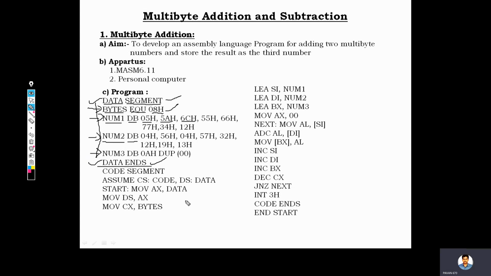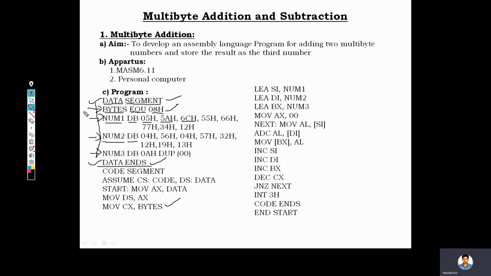Throughout this program, whenever we encounter the variable named bytes, the assembler automatically understands that this is the value 08H, because here we have used the assembler directive equate. That is its purpose.